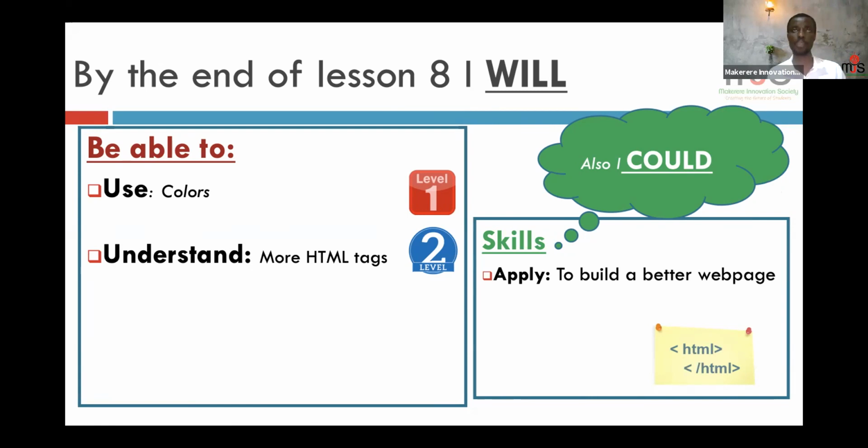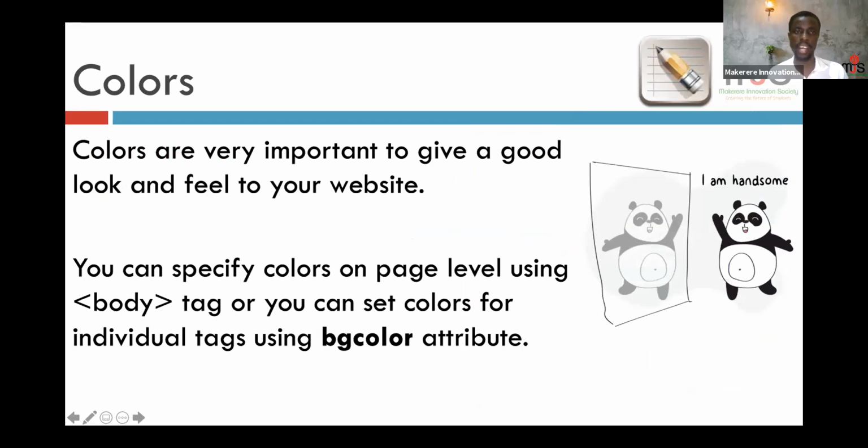If you want a website to be beautiful, it has to have nice pictures and nice colors. Colors are very important to give a good look and feel to your website. You can specify colors on page level using the body tag, or you can set colors for individual tags using the background color attribute.